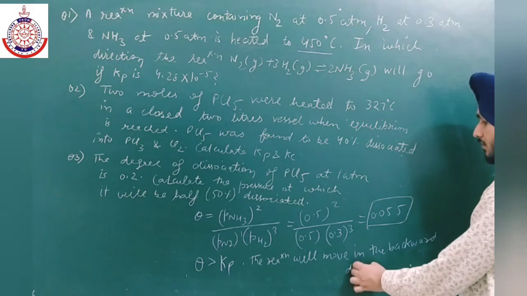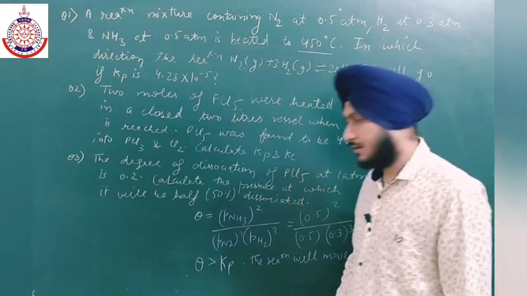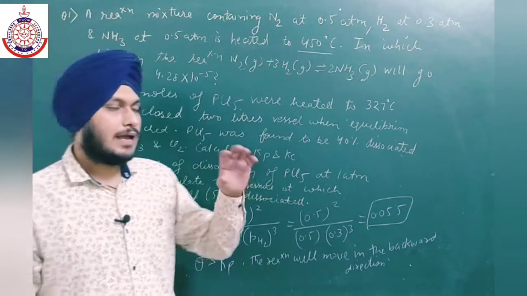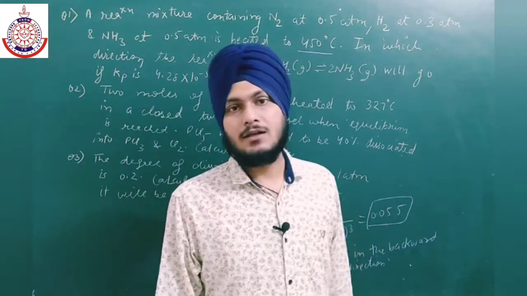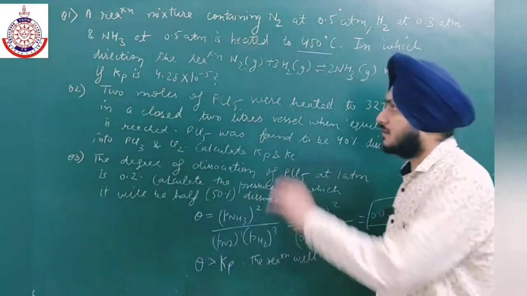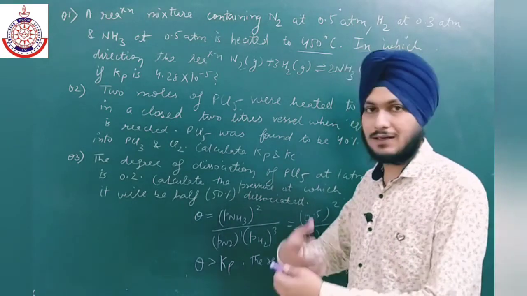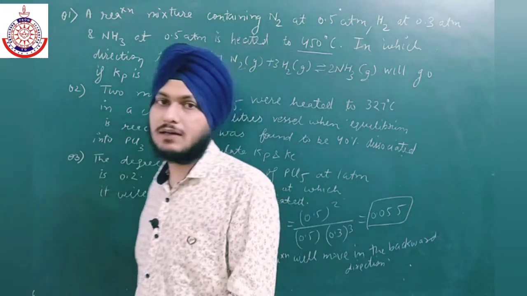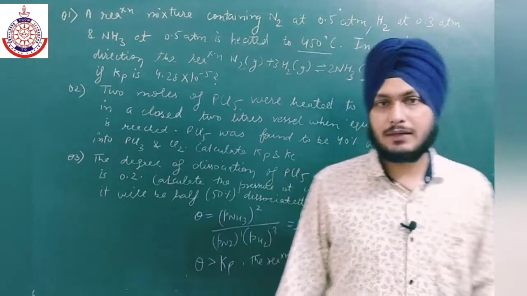Is it clear now? If Q is smaller than Kp, the reaction will go in the forward direction. So this is all about how to check whether the reaction goes in the forward or the backward direction. Let's move on to the second numerical.